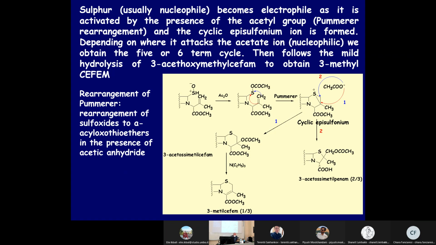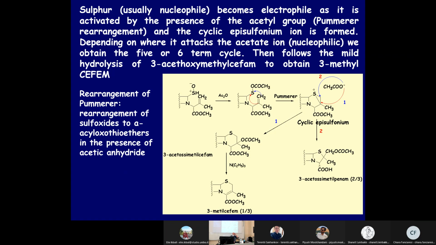This means that we can start from benzylpenicillin, a natural compound, to get the 6-aminopenicillanic acid, and then to enlarge the 5-member ring to a 6-member ring in order to have the basic unit of cephalosporins.